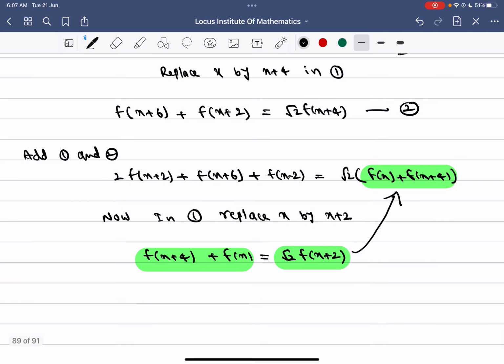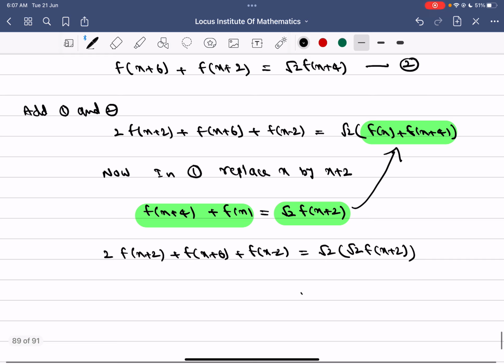Then what you get? 2 times f of x plus 2 plus f of x plus 6 plus f of x minus 2 is equal to root 2 times root 2 times f of x plus 2, which is equal to 2 times f of x plus 2.